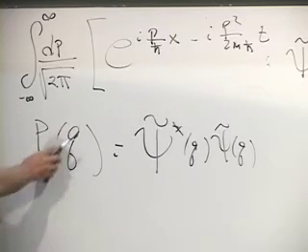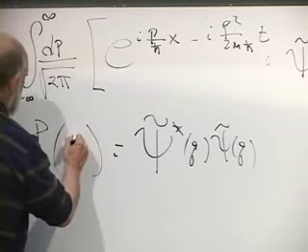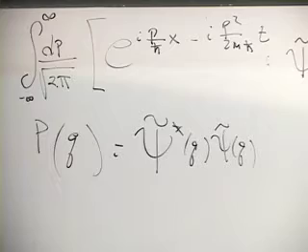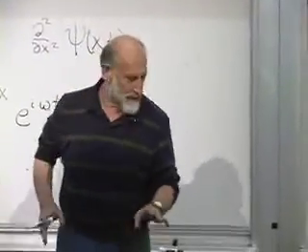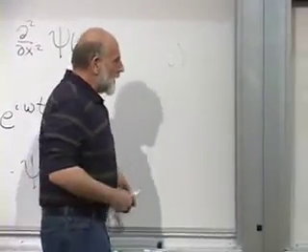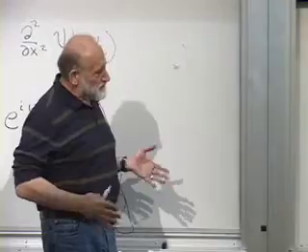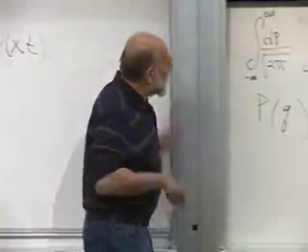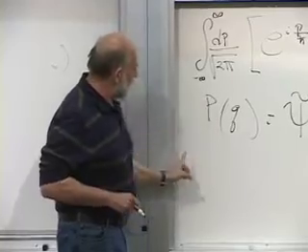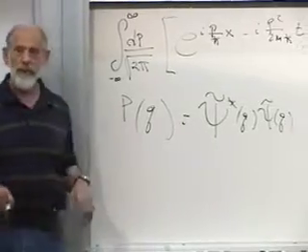But I've already established the notation that position is x. And p's and q's both mean momenta here, but it's a fair point. If I use x for position, then I won't use q for position. Good, thank you. All right, so this is the probability that the particle has momentum q.